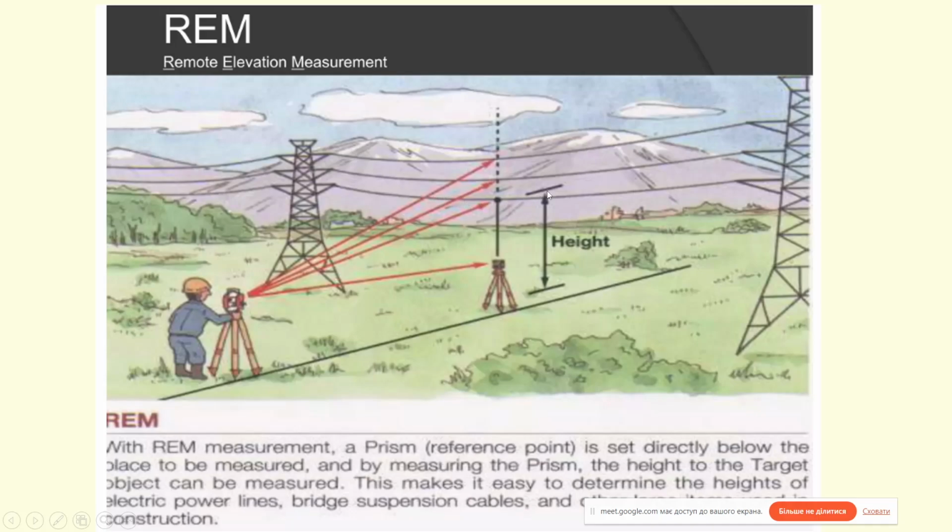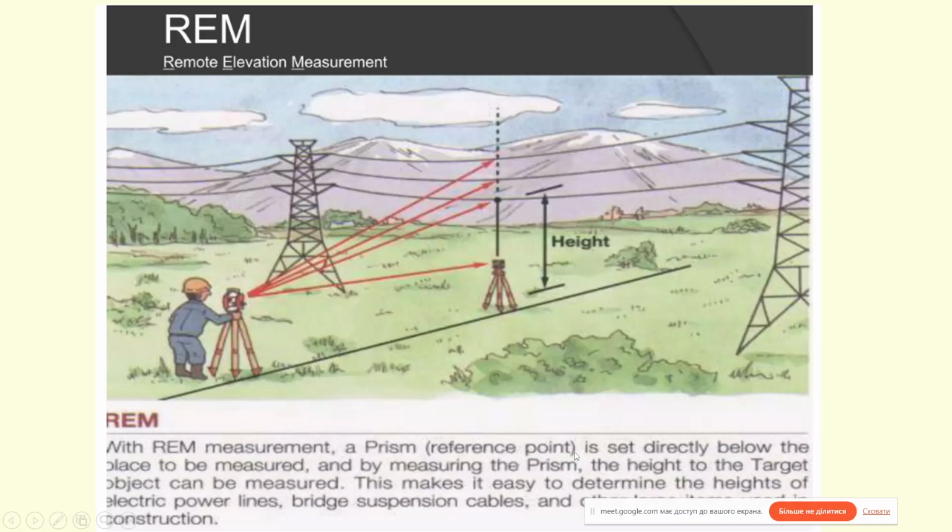Well, it is not possible to get to these wires directly because of high voltage. So we stand the reflector just beneath the wires. We measure the horizontal distance and the vertical angle, and the height to the wires can be calculated.